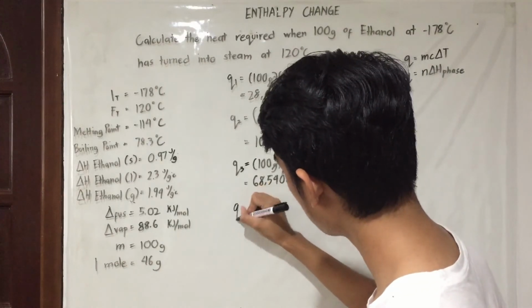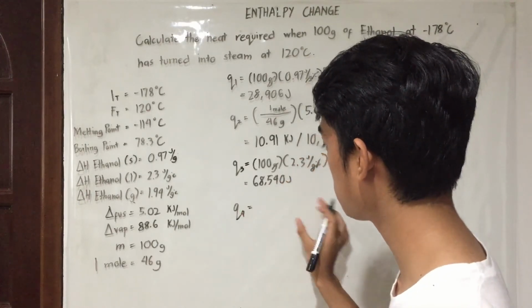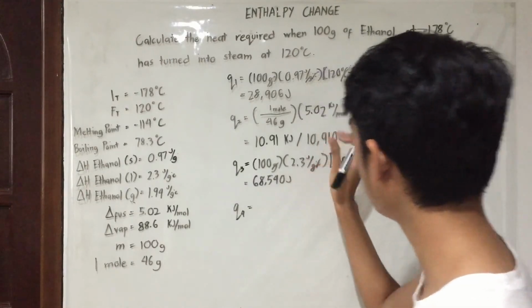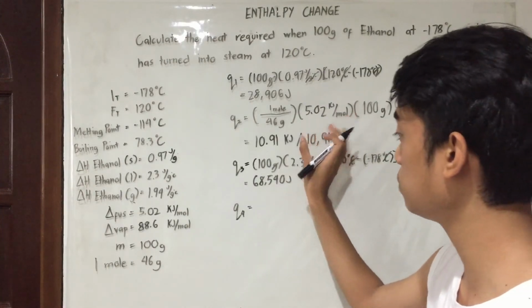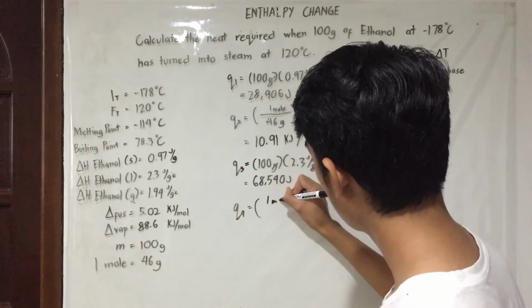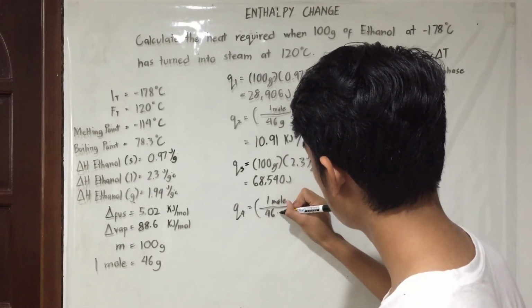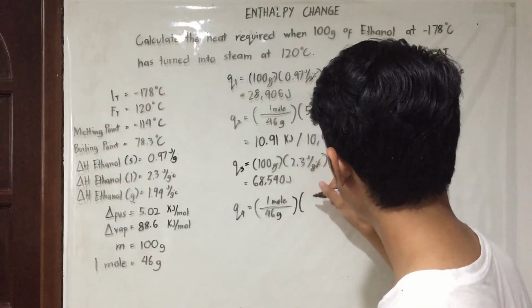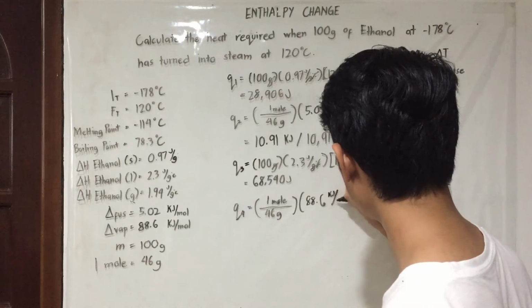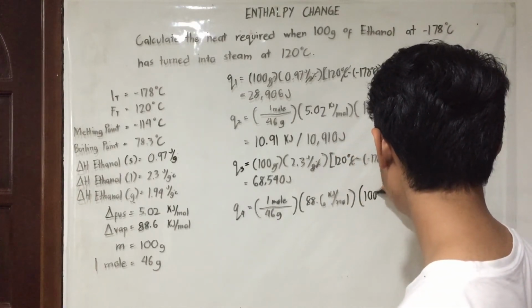So for Q4, that's your second and last phase change. And for this case, we're going to use vaporization. So instead of 5.02 like we used here, we're going to use 88.6. So our conversion, 1 mole equal to 46 grams times 88.6 kilojoules per mole times our mass, which is 100 grams.